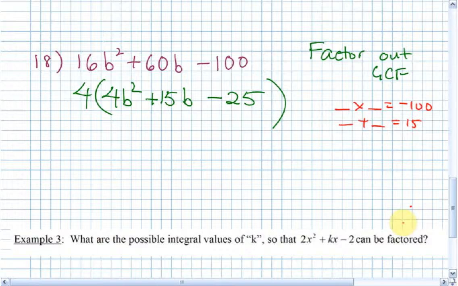Find the right combination, please, dear friends. Finish this one off. Can someone tell me the combination that works for this one? What times what gives you negative 100 and they add to 15? Negative 5 and 20. Thanks, Ramonica. I think that's correct.